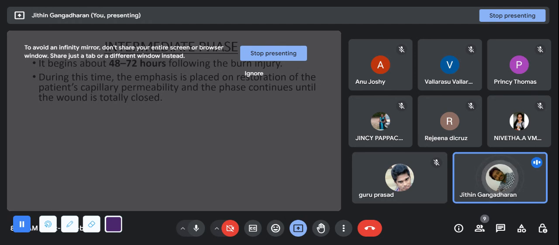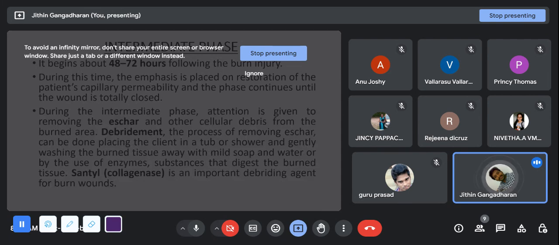We have restored capillary refilling, but we have to wait till the wound is closed.